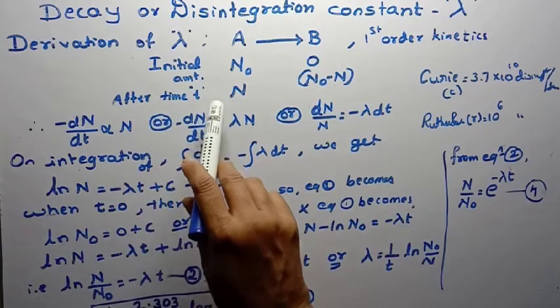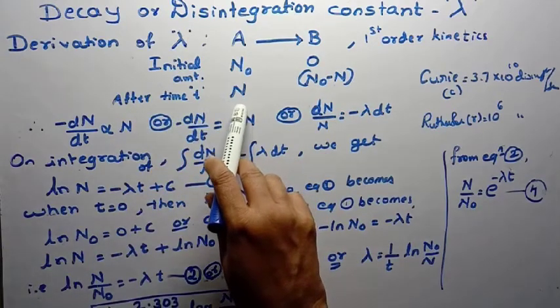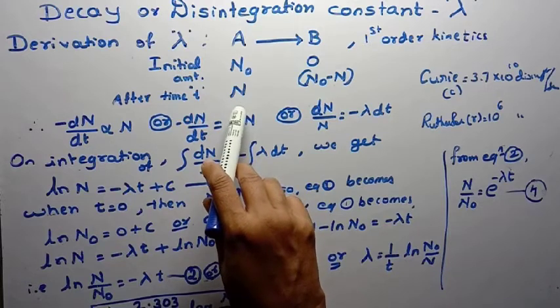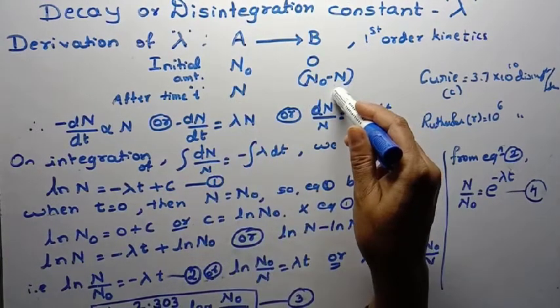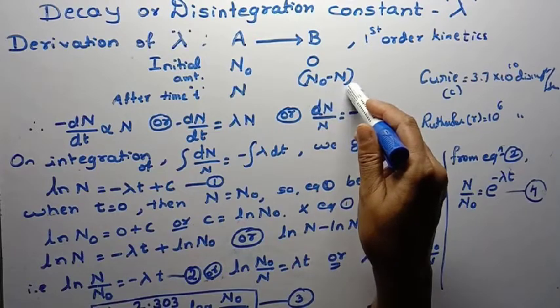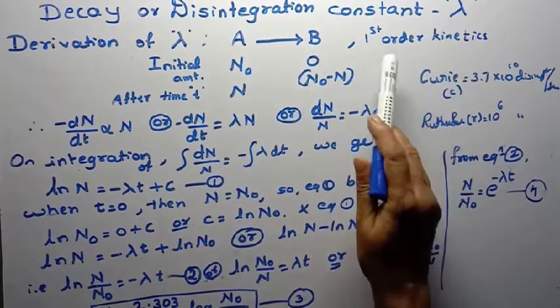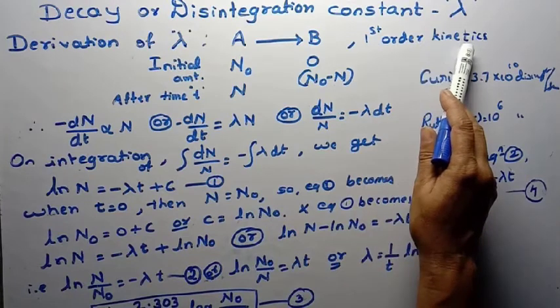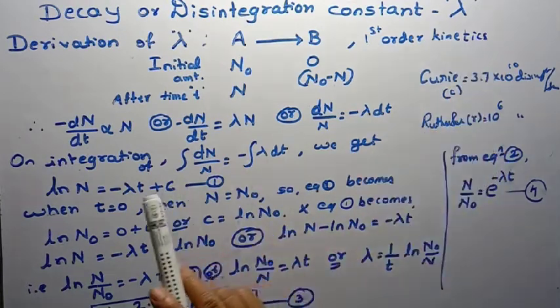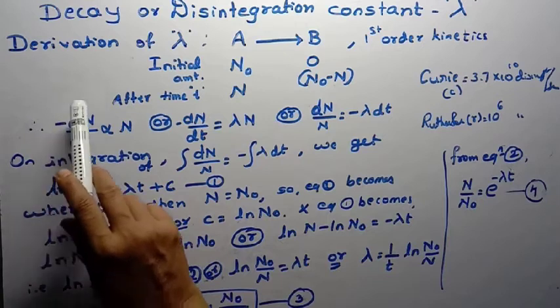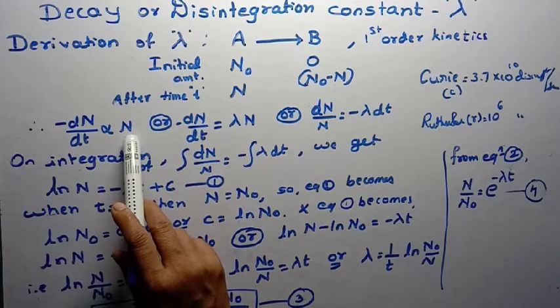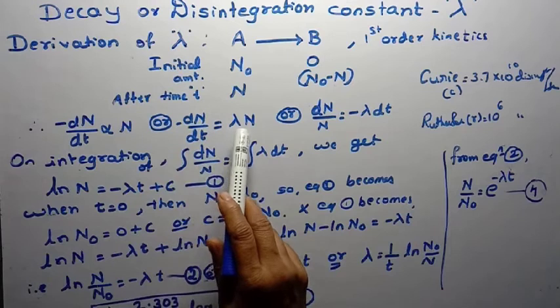After time t, N is the amount of A left undisintegrated, and the amount of B formed is N0 minus N. Now this is first order kinetics. That means the rate of disintegration is directly proportional to the amount left undisintegrated. That means minus dN by dt is proportional to N, or minus dN by dt is equal to lambda N.